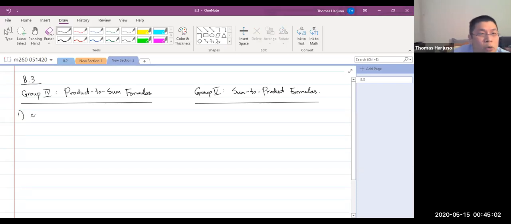The first one is cosine A cosine B is equal to 1/2 of cosine sum plus cosine difference.